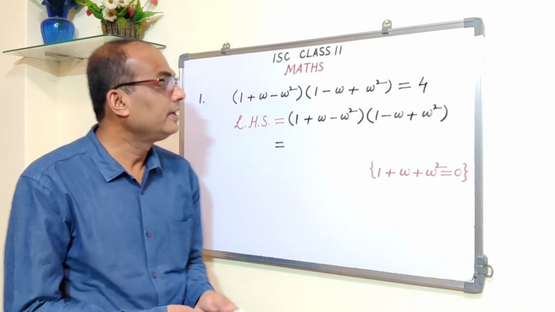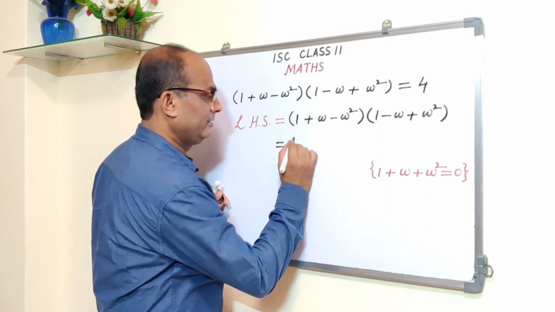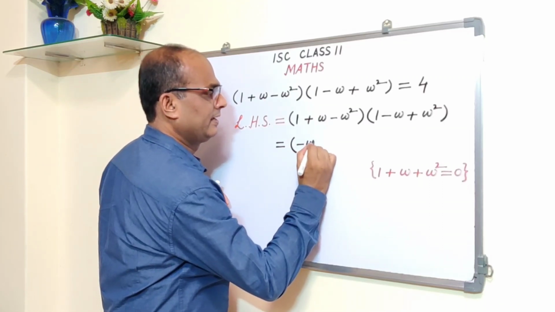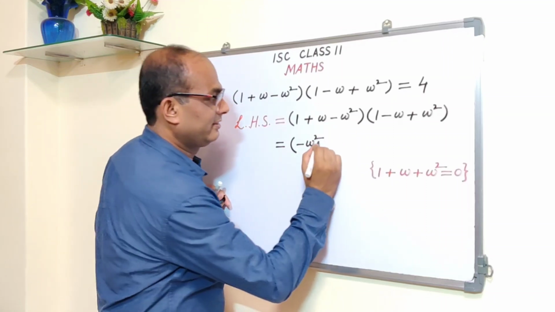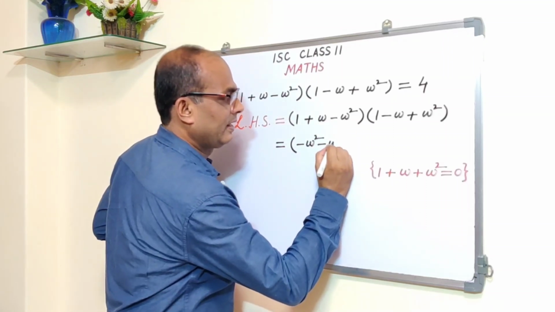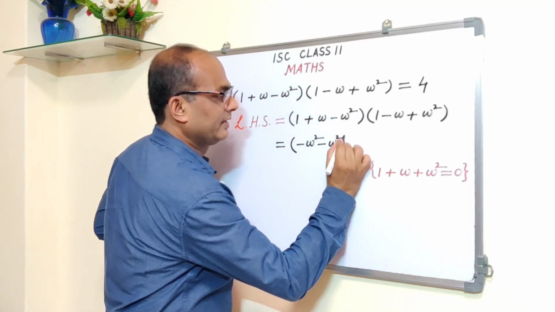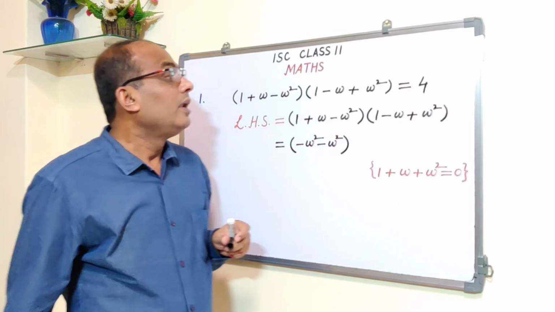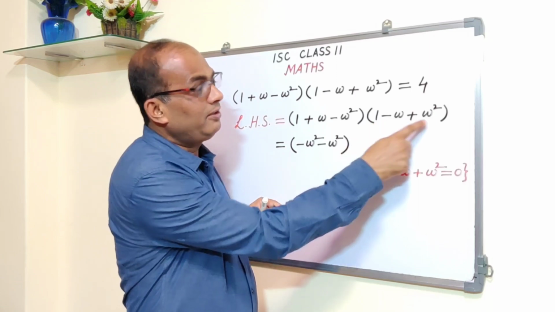So in place of 1 plus omega, we are writing minus omega square, and this minus omega square as it is, we are copying, and this bracket is closed. Now here look, 1 plus omega square.